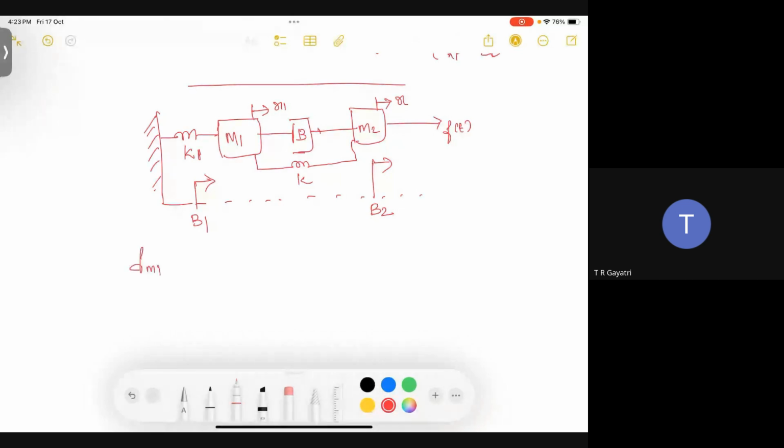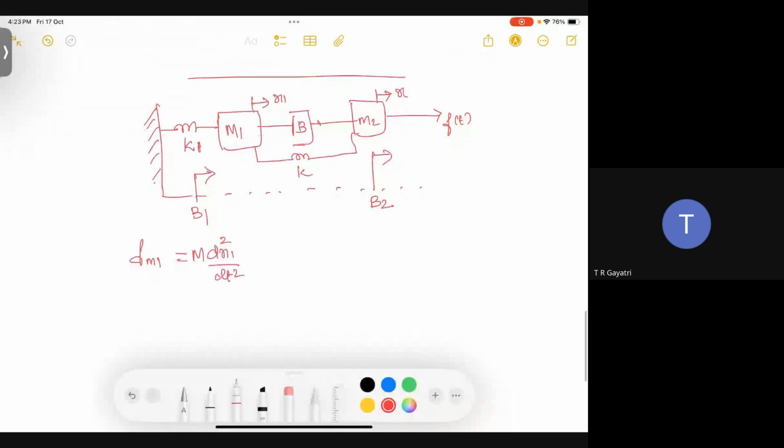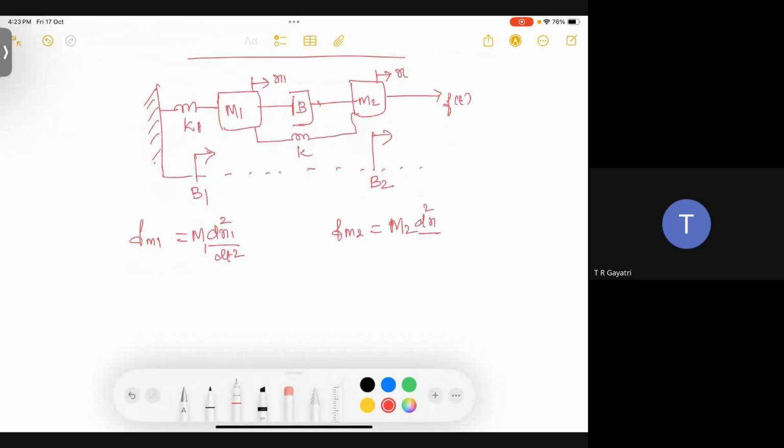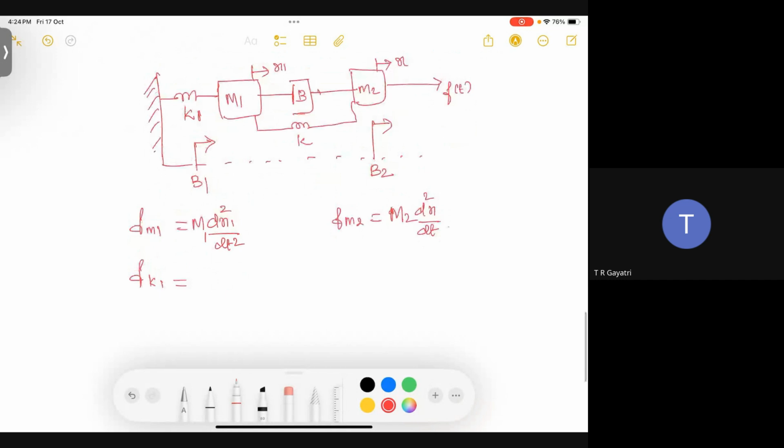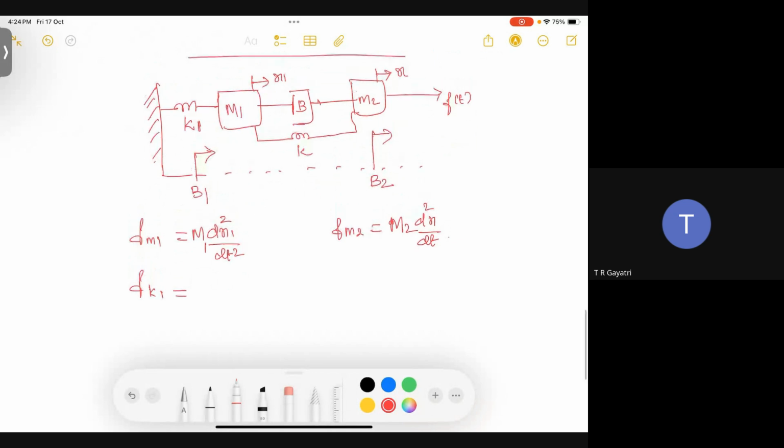The first force, for mass m1, will be m1 into d squared x1 by dt squared. Similarly, F m2 will be m2 into d squared x by dt squared. Can you tell me the force acting upon K1? Will it come with the individual displacement or the difference between displacements?